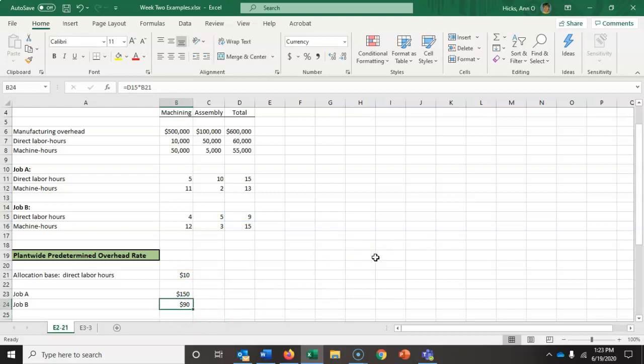Okay, so that's the same procedure that we did in the other example.